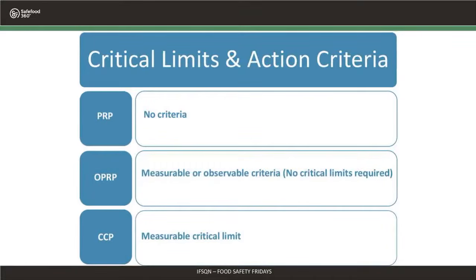Next, critical limits. For a PRP, we don't need to have any defined critical limits. For an OPRP, we need to have measurable or observable criteria, but critical limits aren't required. And with a CCP, we need to have a measurable critical limit.